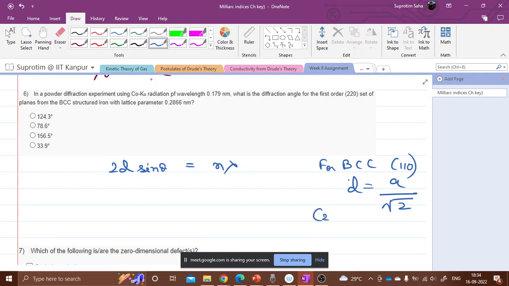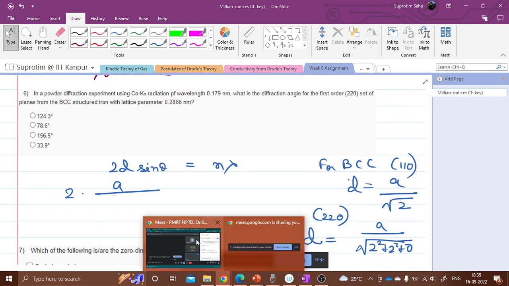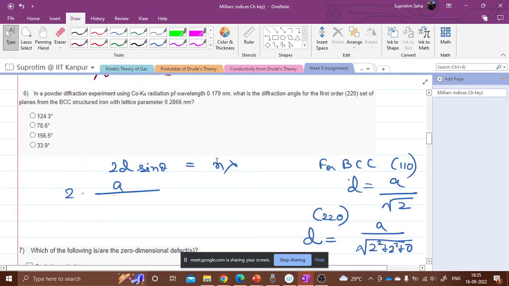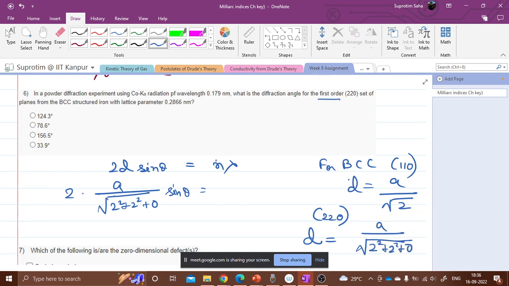But for 220, we have d equals a by root of 2 square plus 2 square plus 0 square. So 2 d sin theta equals n lambda, and you said it is first order, so n is 1 and it is lambda.